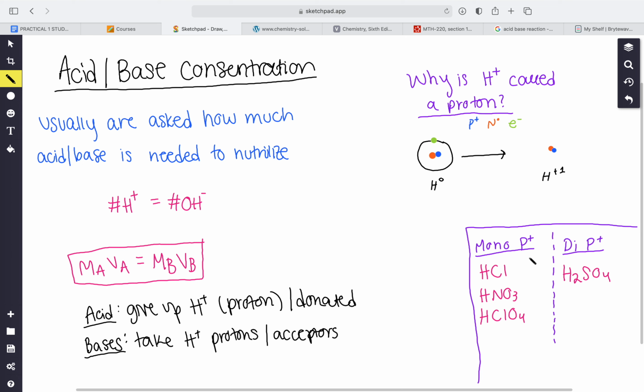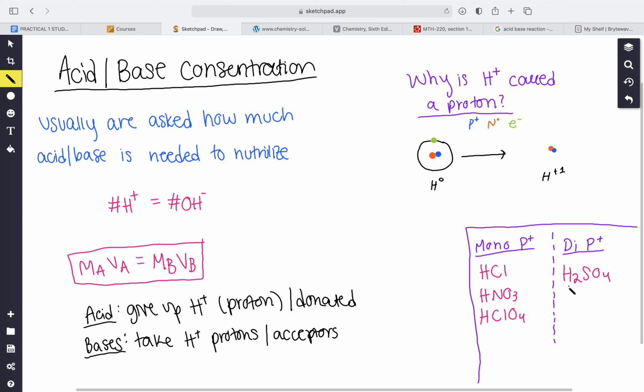That is another one of the monoprotic. These can only give up one proton because they only have one hydrogen, per molecule. Obviously, if there's a mole of them, they can give up 6.022 times 10 to the 23rd hydrogens. But per molecule, they are only able to give up one.